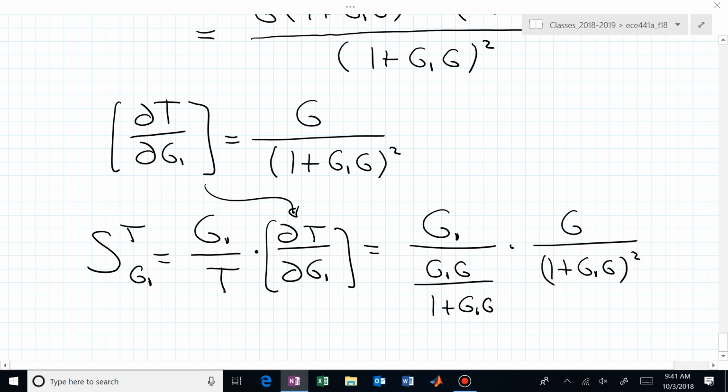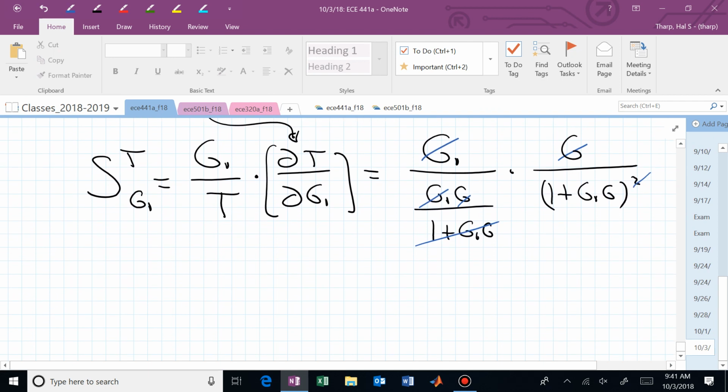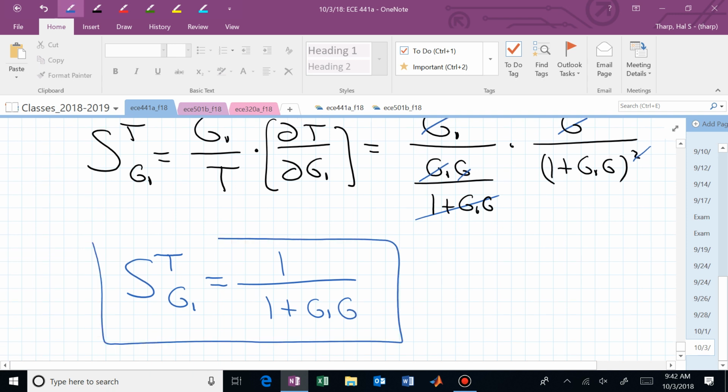And you never thought calculus and algebra could be so fun or so meaningful. Now what can we do? Well, now we can simplify this, that G and G1, and this one of those gets canceled, and we're left with the sensitivity of T with respect to G1. It all collapses to 1 over 1 plus G1G. That's part one. We're doing the chain rule.